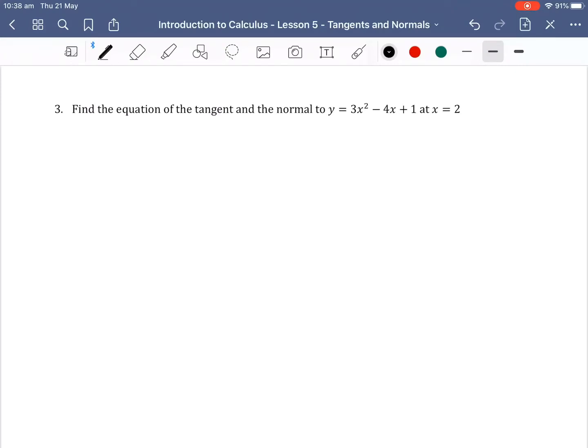So what we're going to do is first find our tangent gradient and our normal gradient. To find gradient, we go dy over dx, which is equal to y dash in shorthand form.